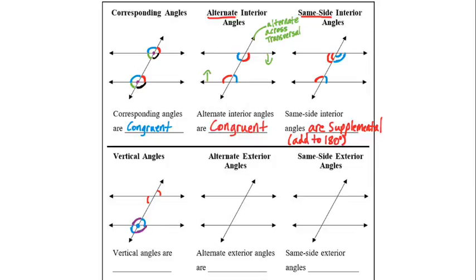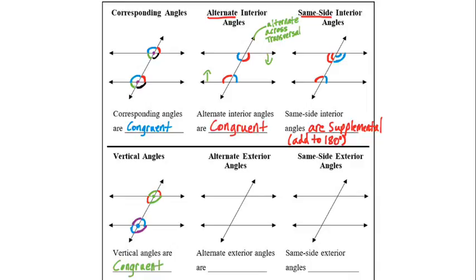And then we also have our green ones here. And we can say that vertical angles are going to be congruent because we already knew that from our previous knowledge, right? We knew that vertical angles had to be congruent.